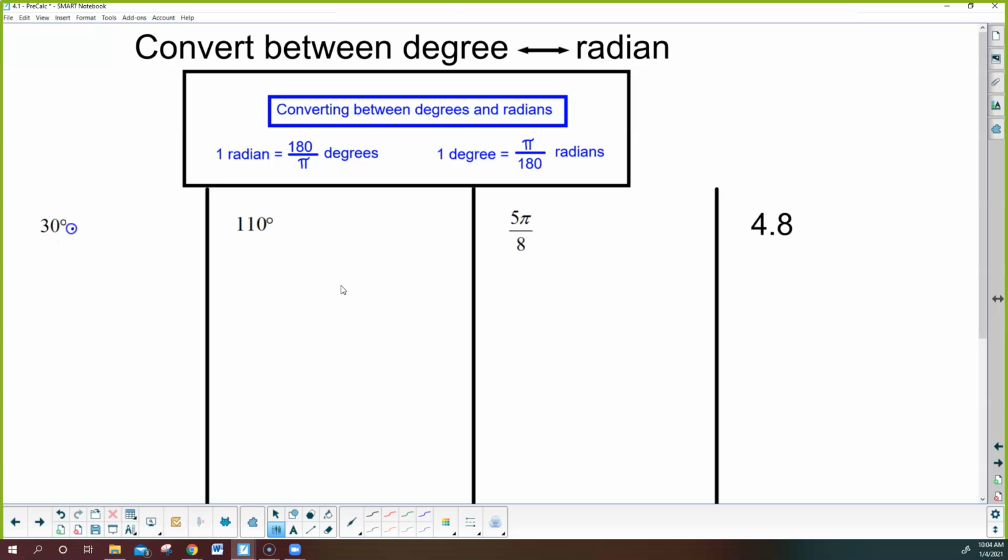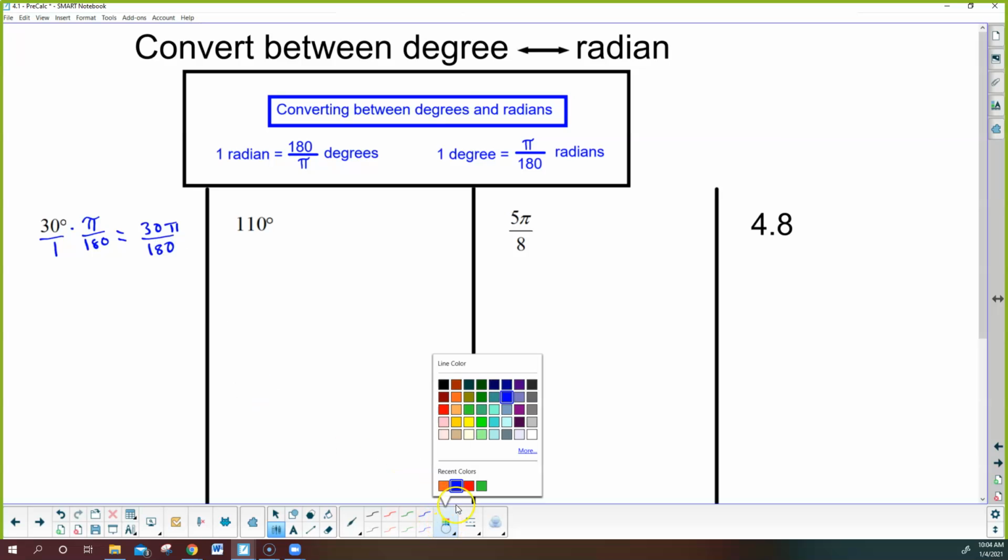So I'm going to take the pi over 180, and we're going to multiply the degrees by the amount of radians. Now think of this as 30 over 1. All right, so that tells me I'm just multiplying fractions, and when you multiply fractions, you go straight across. I end up with 30 pi over 180.